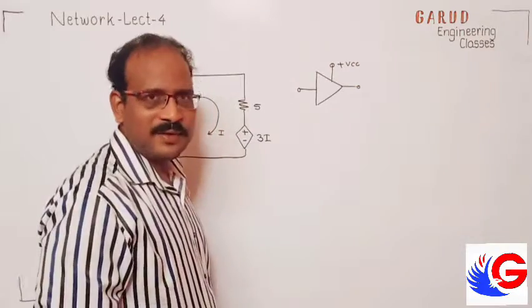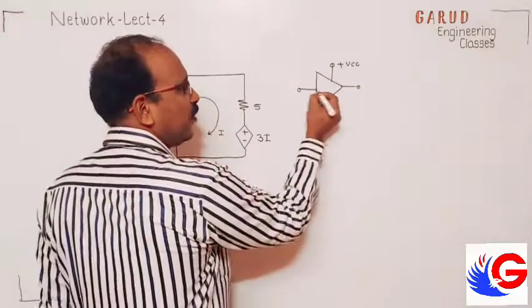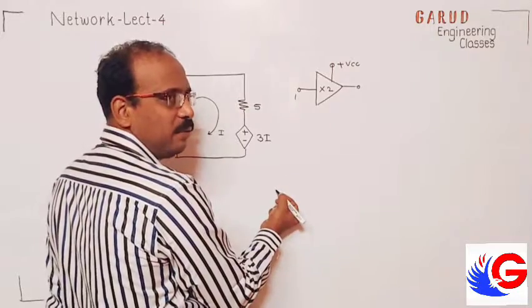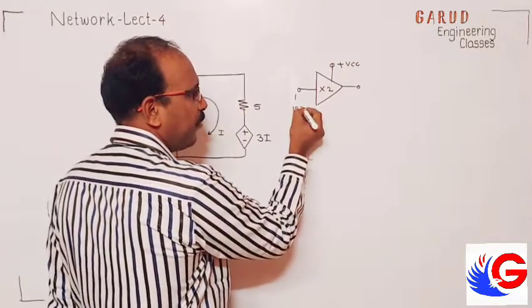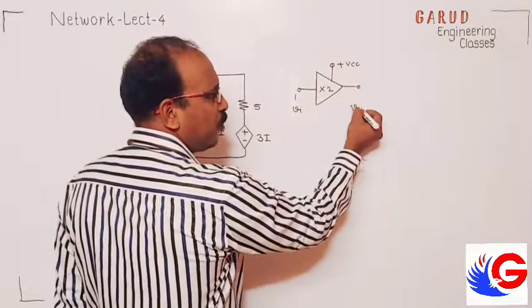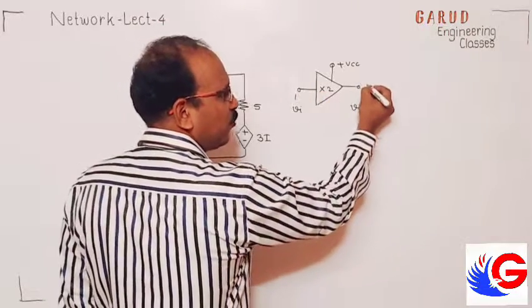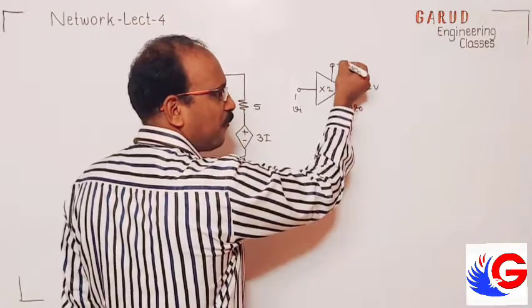Amplification is not magic. Suppose the amplifying factor is 2, and if I give 1 volt here as VI, then this will give you VO. So 1 into 2, that is 2 volt, but it takes it from the supply.